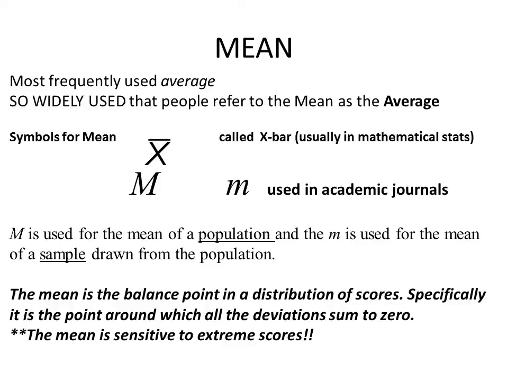One thing that I like to say is that if you consider the mean as the average and it's widely used, think about facial tissue. Now, most of you might go, I have no idea what facial tissue is.